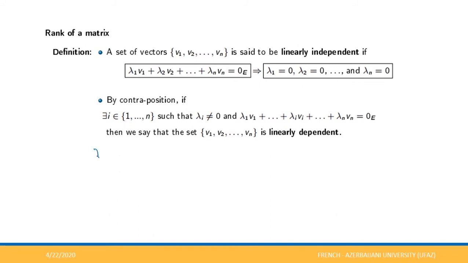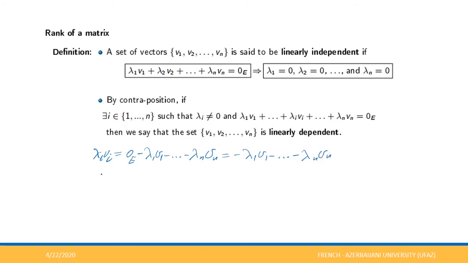Lambda i vi will be the 0 vector minus lambda 1 v1 minus so on minus lambda n vn.